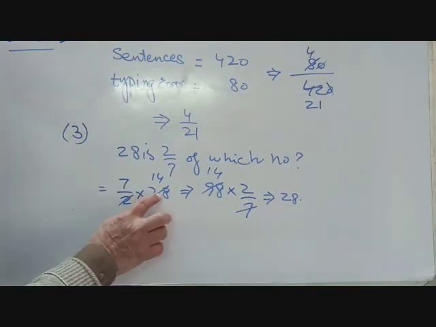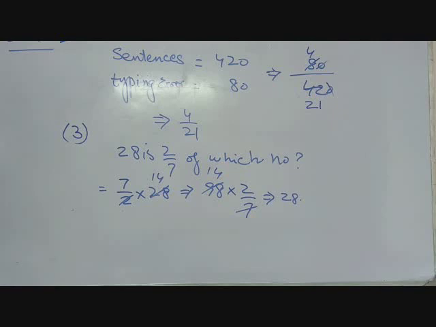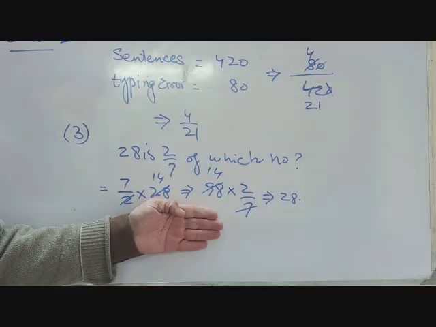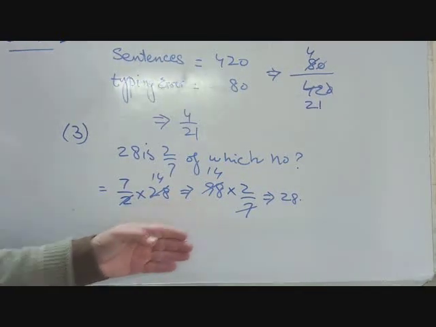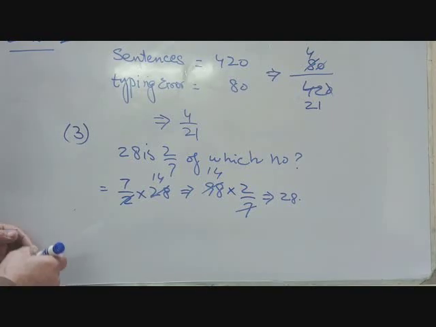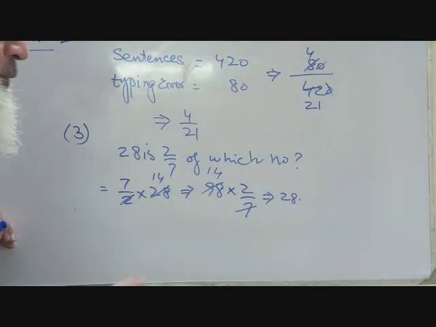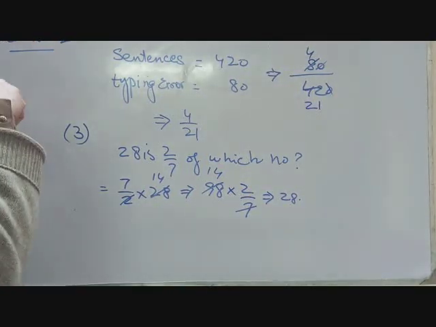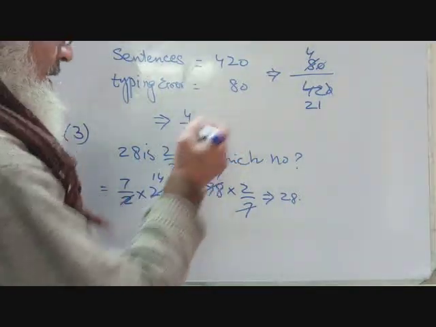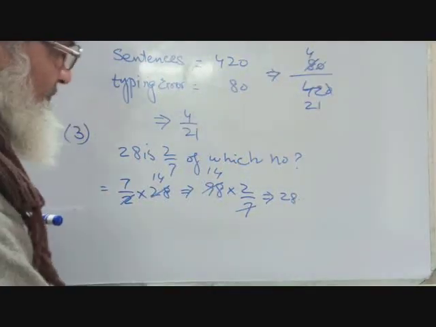There is another method of doing this question. This method is the arithmetic method. But if we want to do it by the algebraic method, we have to suppose that there is an x.